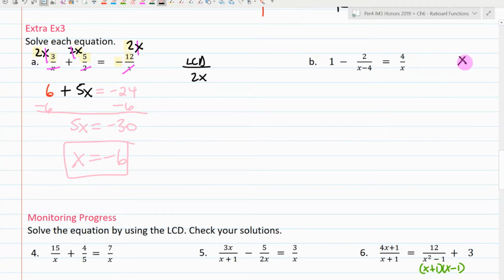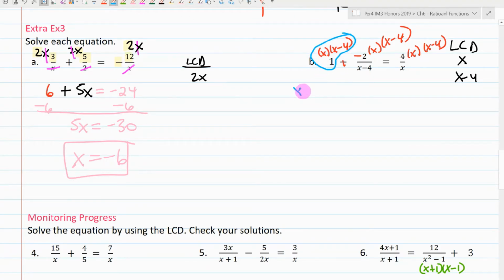Next one, we have x for the LCD and x minus 4. So I have to multiply this by x and x minus 4, x and x minus 4, and x and x minus 4. The first part, nothing cancels. So I get x times x minus 4.